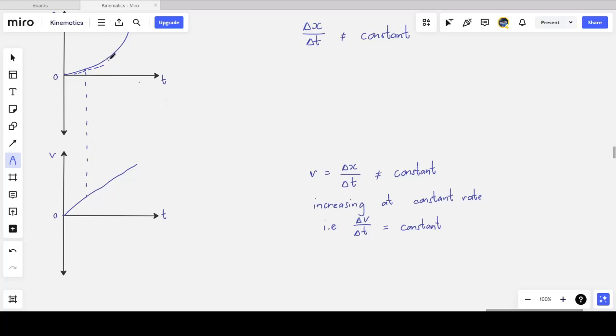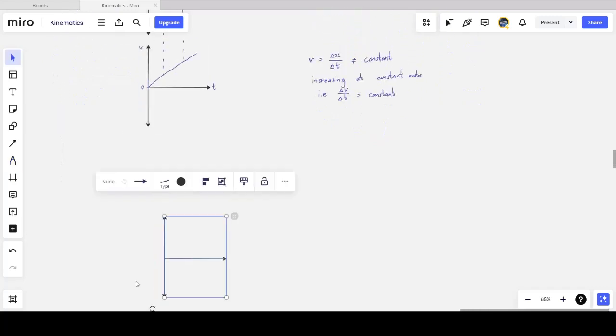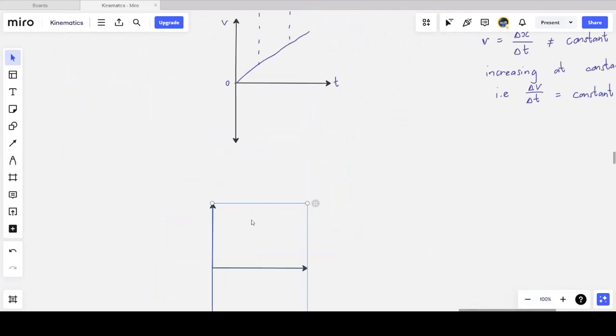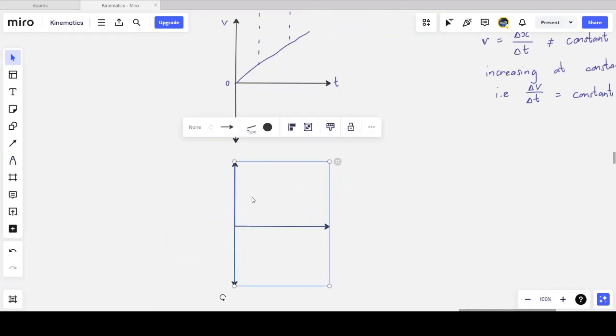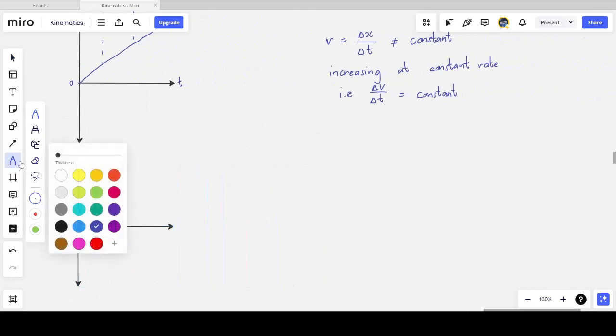At any other time, t2, I draw another tangent to that point on the curve, find the gradient of the tangent, and guess what? At that time, that will be my value for the velocity on the velocity-time curve. And this is for an object moving in uniform acceleration, and the only thing left would be to sketch our graph of acceleration against time. So I hope you can see that the pattern is visible and evident.